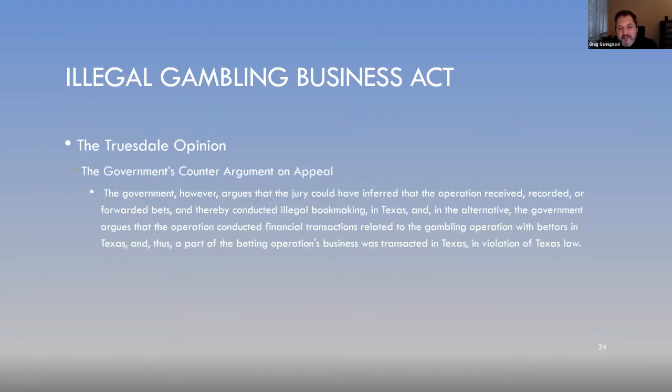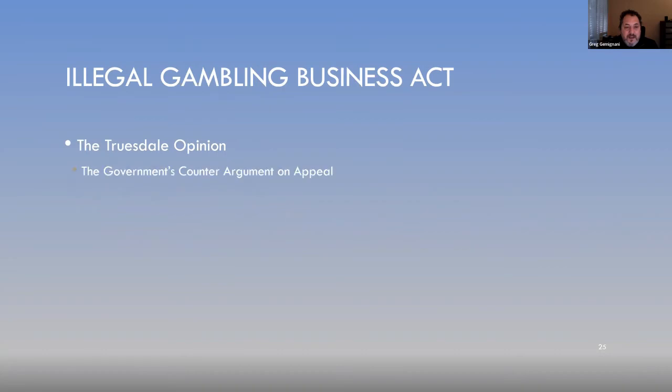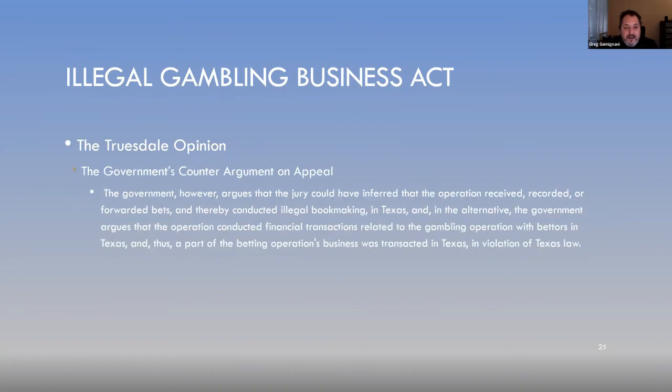And the government says, well, yeah, you didn't, but you were conducting financial transactions to support this activity and you were promoting the activity that was illegal. And all those things are also illegal under Texas law, which they are.